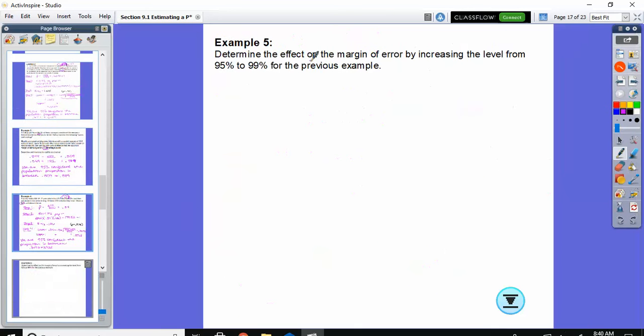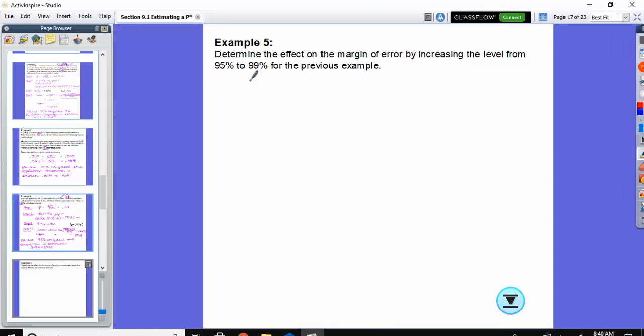So what I'm going to do is I want to increase this from 95% to 99%, but this time I'm going to do it on our calculator.